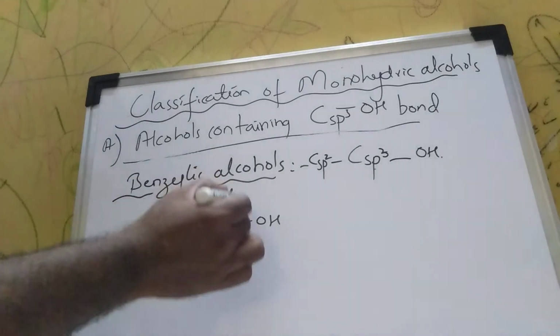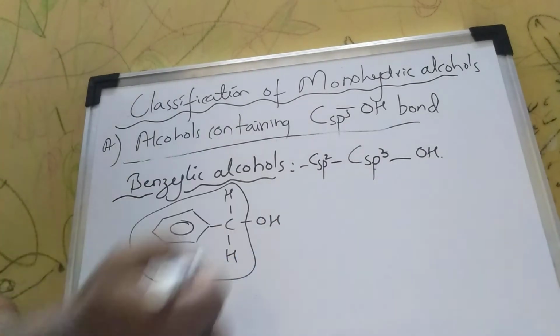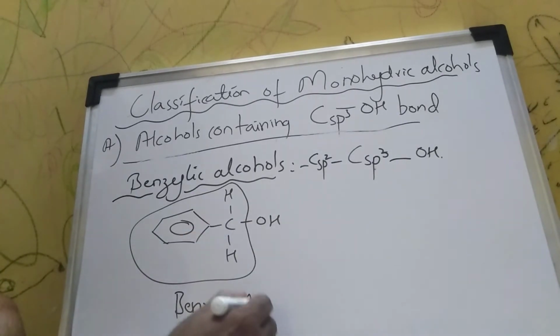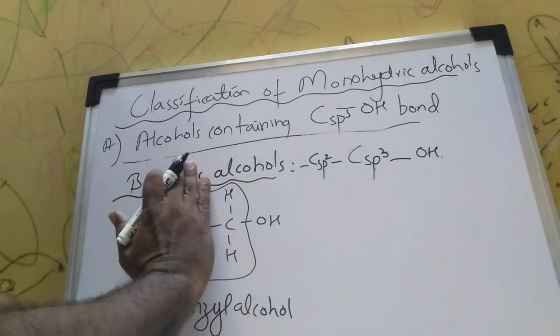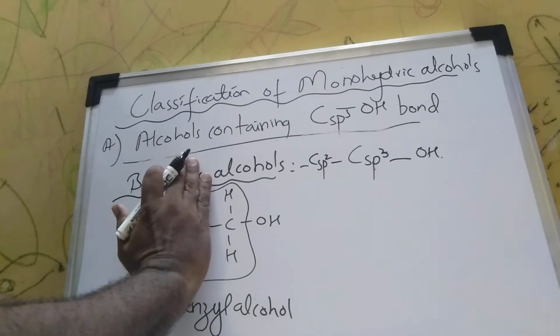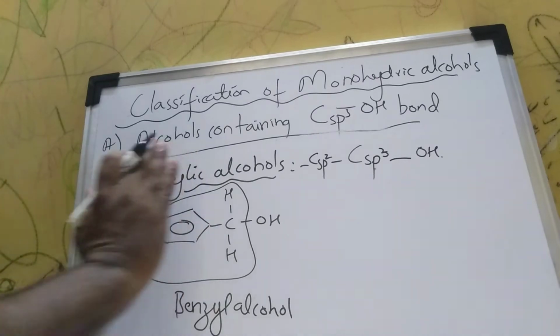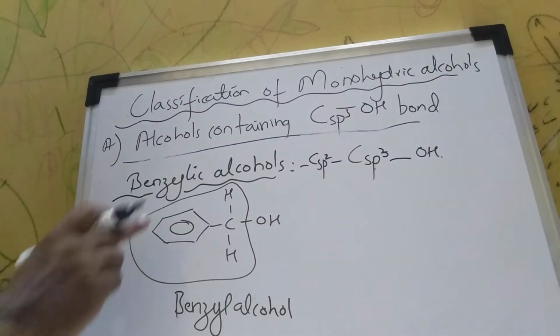So the name for this entire group is called benzyl. OH is alcohol, so benzyl alcohol. Or the other way it can also be named: this is one carbon atom, alkane is methane, alcohol is methanol, and this forms the substituent benzene or phenyl.